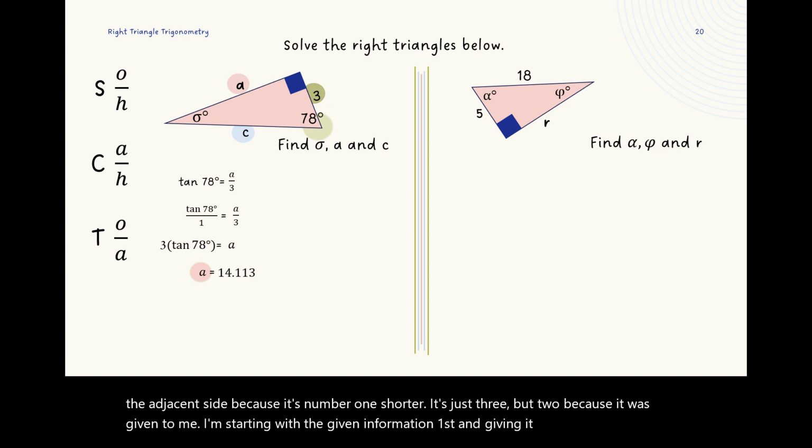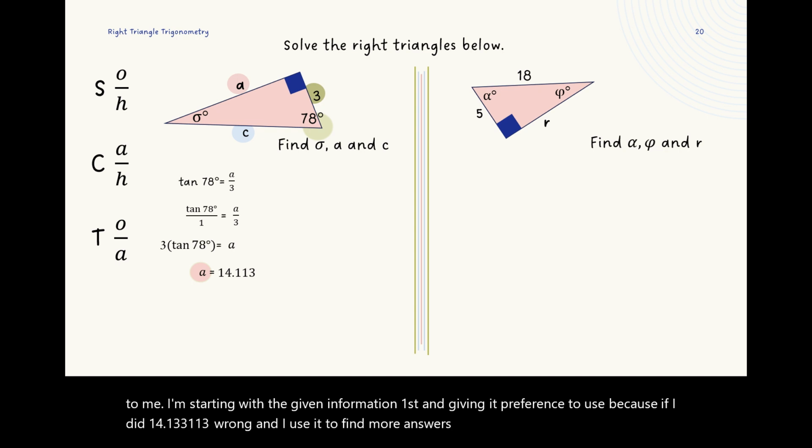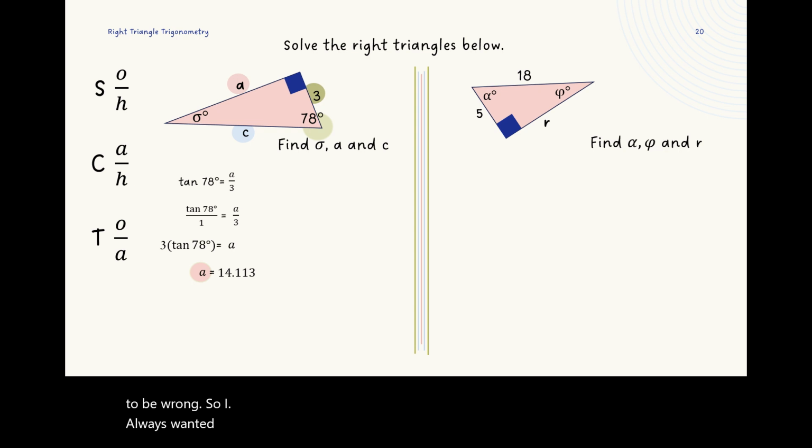Because if I did 14.113 wrong and I use it to find more answers, it's just going to continue to be wrong. So I always want to start with the known information. So for 78 degrees, I need to find the hypotenuse C. I know the 3.